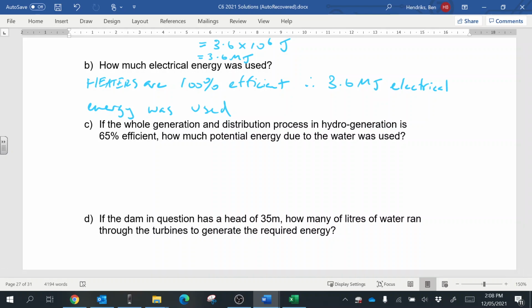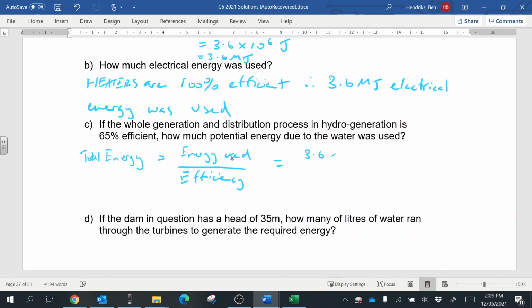But if the whole generation and distribution process in hydro generation is 65% efficient, how much potential energy due to the water was used? Okay, so what we actually need to do is, the total energy is equal to energy used divided by efficiency.